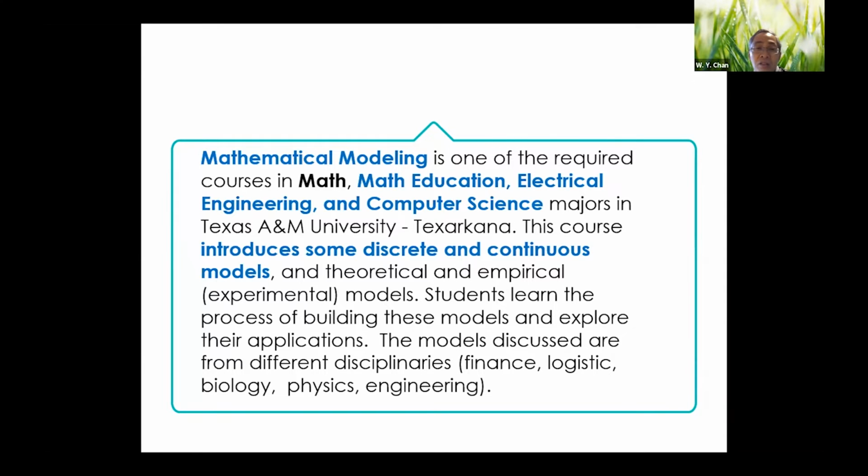They also need these modeling classes, and computer science. So their background is kind of varied. Math and engineering are kind of similar, but computer science is different, and they only have Cal 2. So up to Cal 2, they do not need any other math classes.